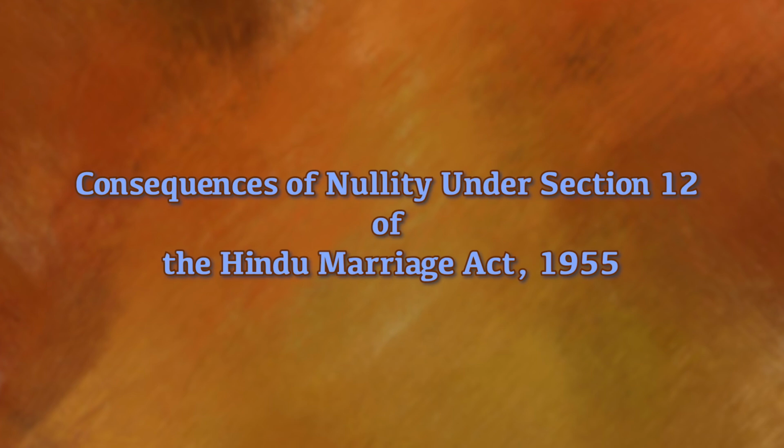Dear viewers, let's discuss the consequences of nullity under Section 12 of the Hindu Marriage Act 1955. When a marriage is annulled on any ground specified in Section 12, the marriage becomes void ab initio.